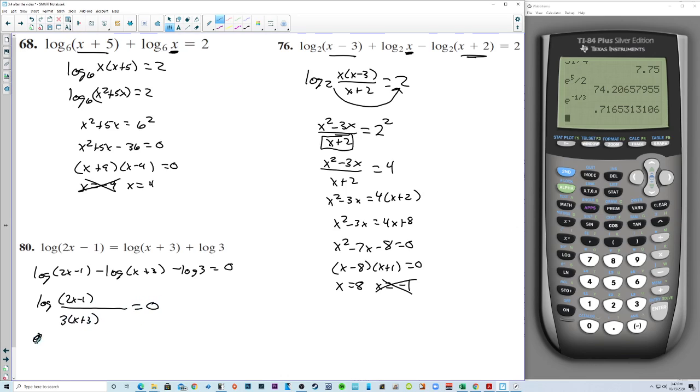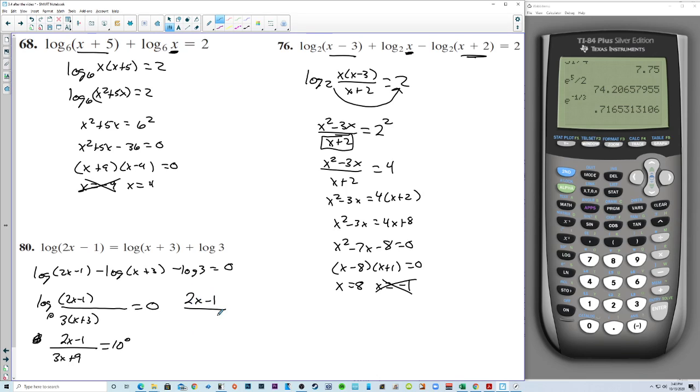So we have, let's go from log to exponential. So the base is 10, so 10 to the 0 is equal to this stuff right here. So 2x minus 1 over 3x plus 9 is equal to 10 to the 0, or 1.